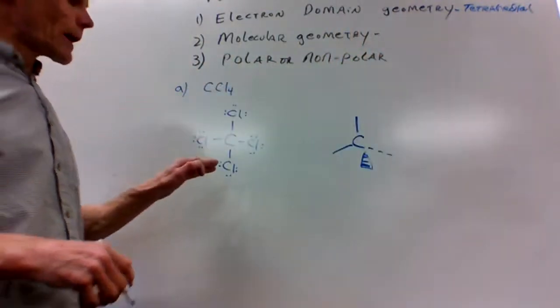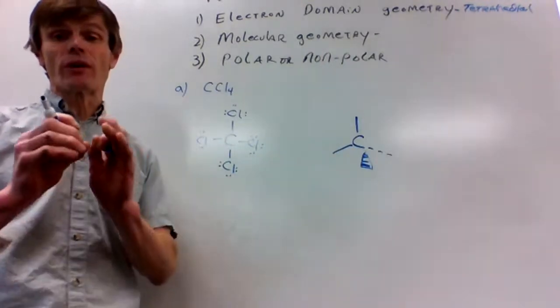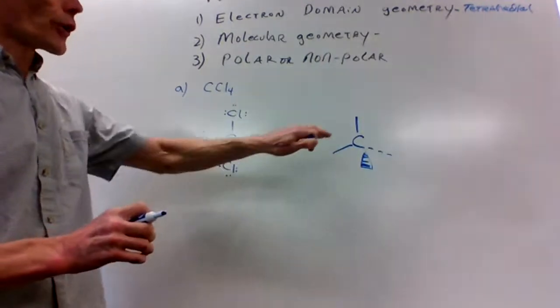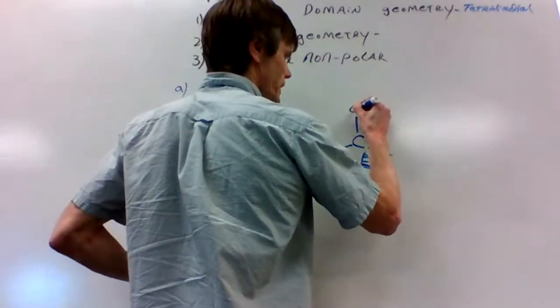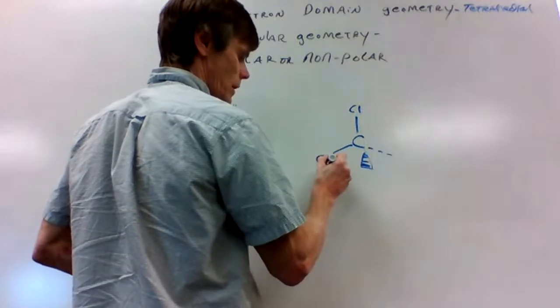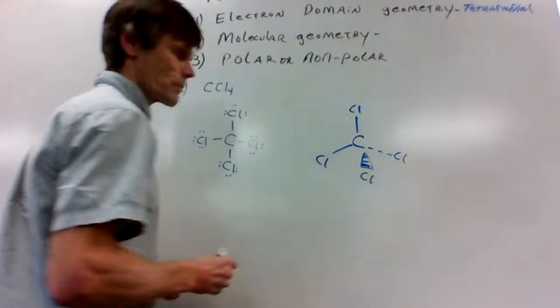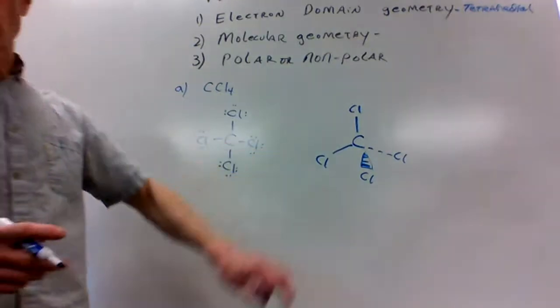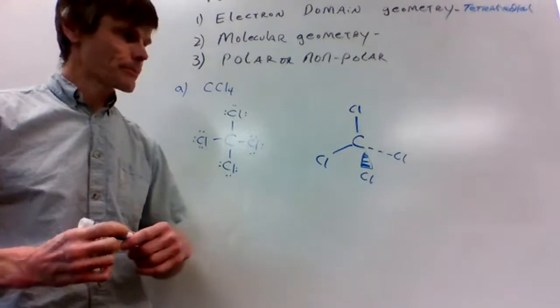Okay, now for carbon tetrachloride, all of our electron domains are involved in bonding. There are no lone pairs of electrons. Let's put our chlorine around our central carbon. I'm not going to put lone pairs of electrons just so we can visually look at this a little easier.